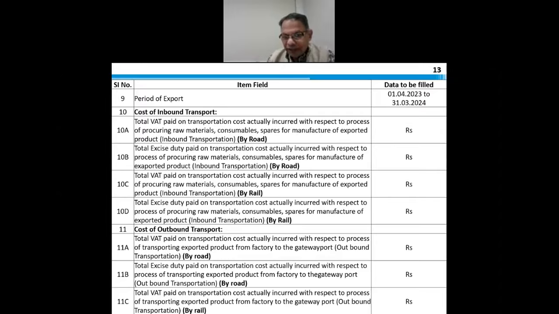Then, suppose you are buying raw material locally. Then the question comes, how do you go about it? If your vendors are located at different places, how do you keep account?